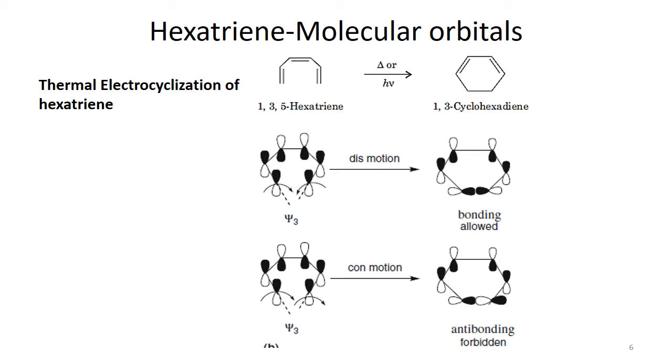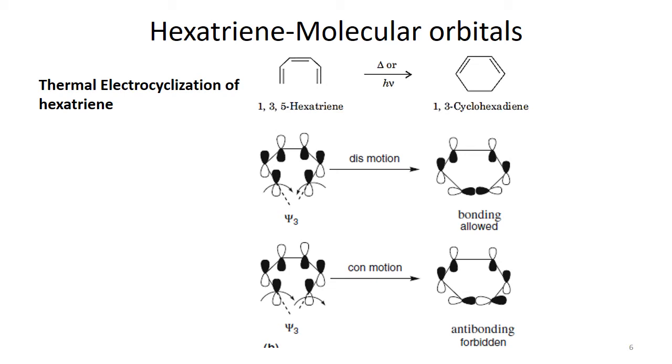But how are they different? When we talk about two components of a reaction, like a cycloaddition type of reaction, you can take the example of the Diels-Alder reaction. In the Diels-Alder reaction, a diene reacts with a dienophile, so you have two reactants.